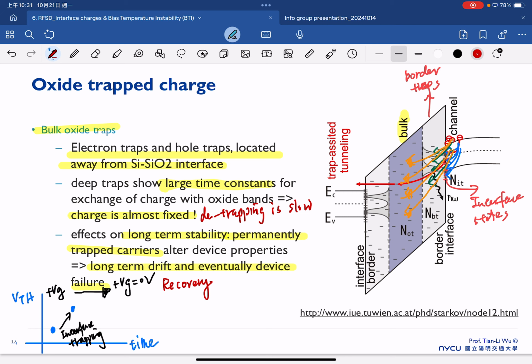Once the electron detraps, we can start to see our threshold voltage gradually move. That's why we call this testing recovery, because now we see the recovery of our threshold voltage. So this recovery is a phenomenon related to the detrapping.